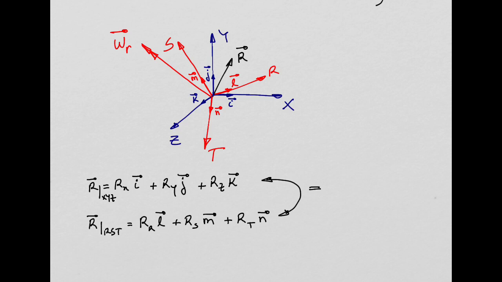If you are using the coordinate system x, y, z, the components are Rx, Ry, Rz. If you are using the coordinate system in red, the components are Rr, Rs, Rt. These components are different, but the vector is exactly the same. It's just a different way to represent it in a different coordinate system, isn't it?